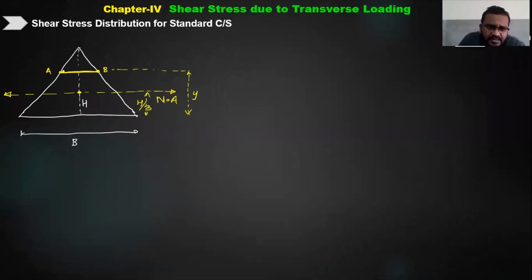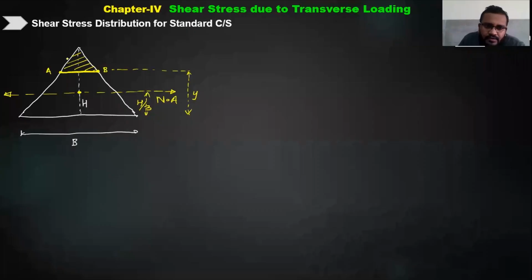So if I consider this as my layer at which I want to find out the shear stress, according to the formula tau equal to S A y bar upon I B, I want to take the area below or above that layer. If I take the area below the layer, it will be a trapezoid, and calculating for a trapezoid becomes quite difficult as compared to the triangle. So let us consider the area above. This is the area which I am going to hatch.